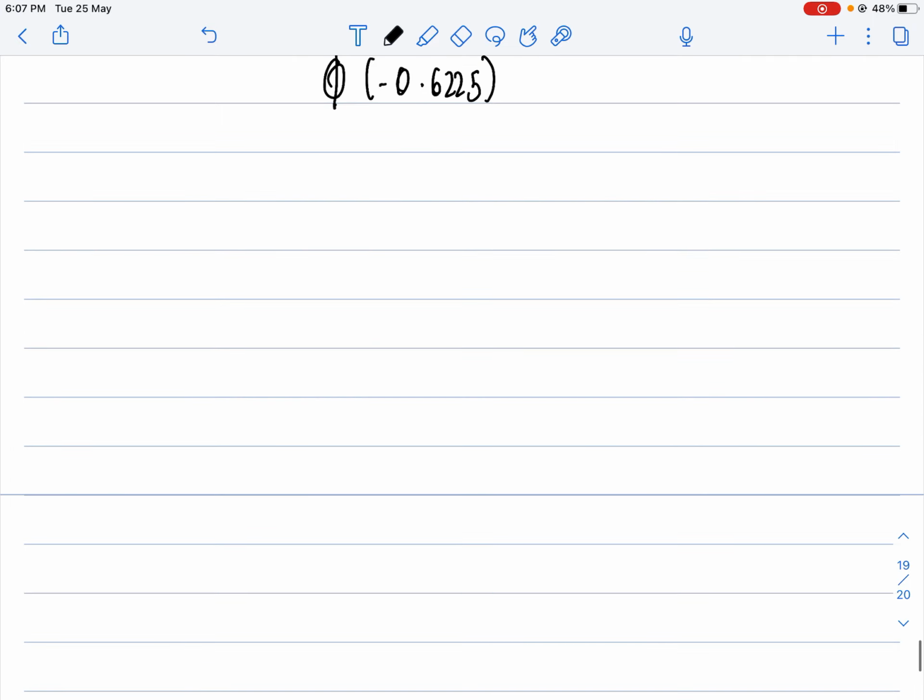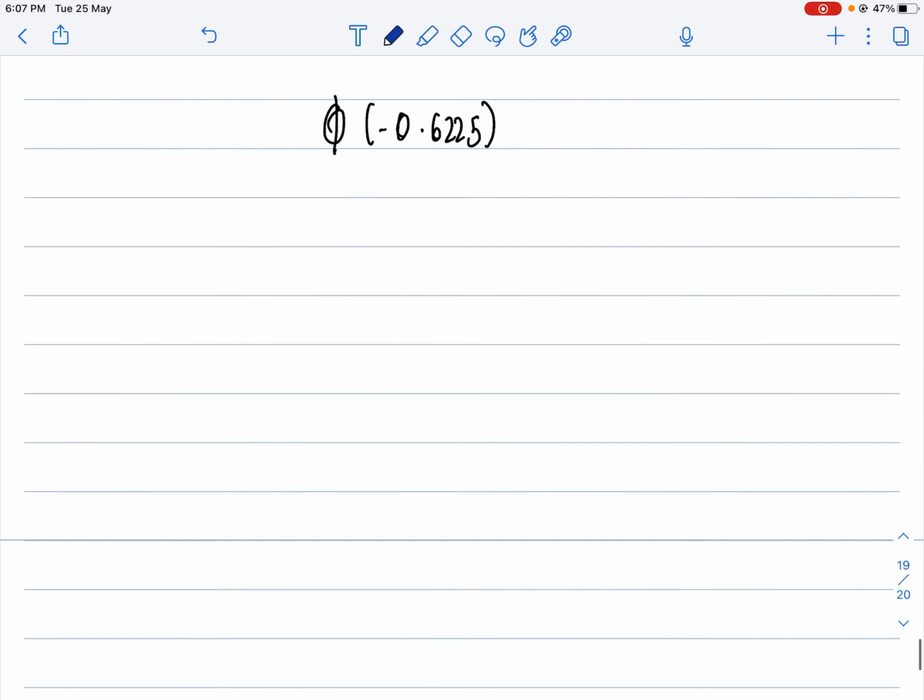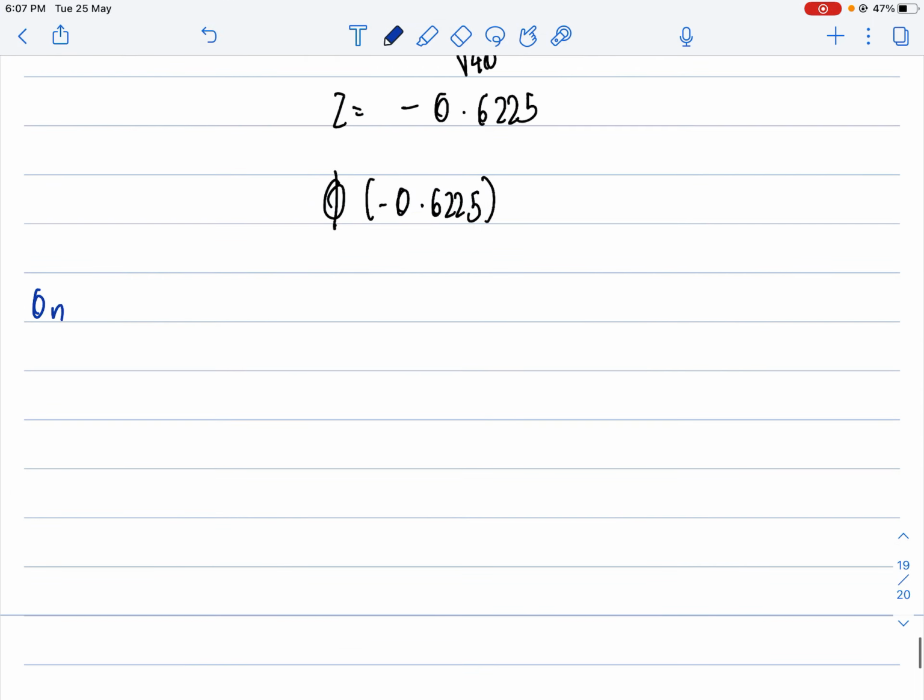I can simply use my calculator for this. Go on mode, click on 3 where stat is written, then click on AC.